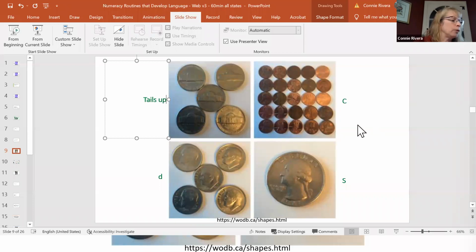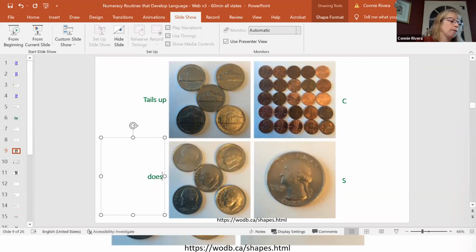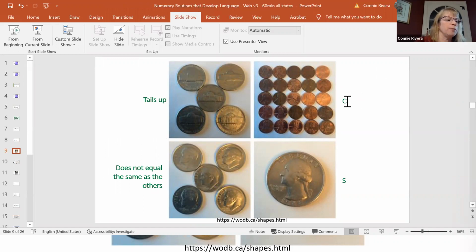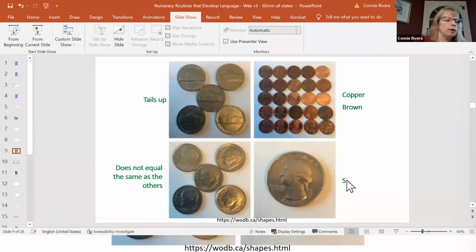Why does D not belong with the others? Let's hear your reasons that go with it. Does not equal the other amounts. And the criteria is up to you. I'm definitely going to miss something, but I'm going to keep going here. Copper, brown, 1 coin.